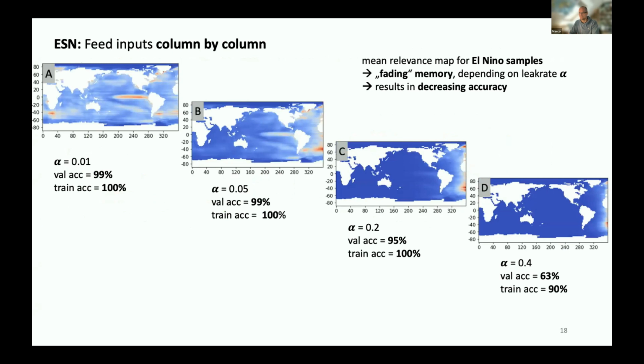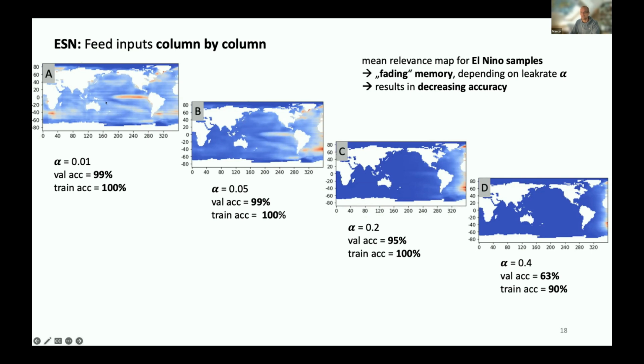So the reason why we can achieve this is that we set the leak rate appropriately. As I told you, that's the crucial parameter in the state transition function. And this acts as kind of a memory parameter for our reservoir. We feed the samples from the left-hand side to the right-hand side. So we start at the left side and start with these columns and feed column, column, column until we reach the right-hand part.